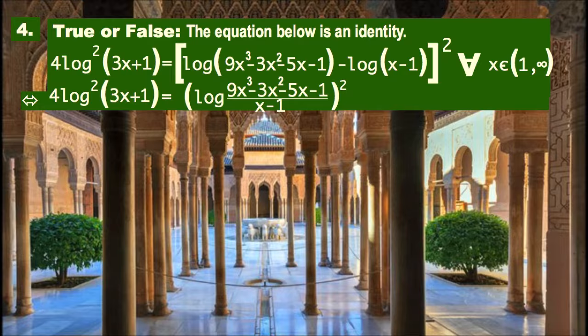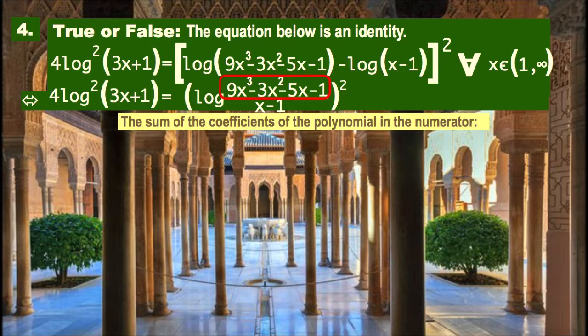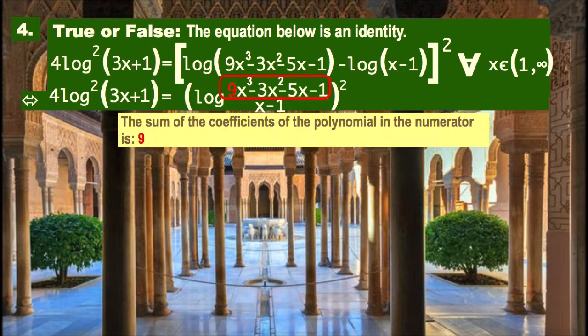Equivalent to 4 times the common log of (3x plus 1) everything squared equals the quantity, the common log of (9x cubed minus 3x squared minus 5x minus 1) over (x minus 1), everything squared. The sum of the coefficients of the polynomial in the numerator is 9 minus 3 minus 5 minus 1, or 0.